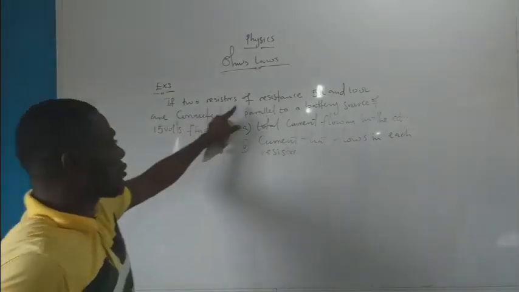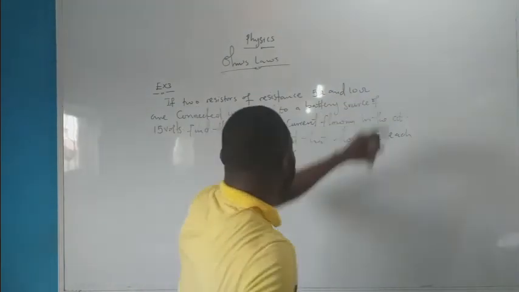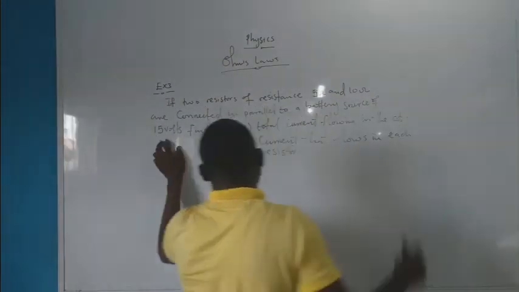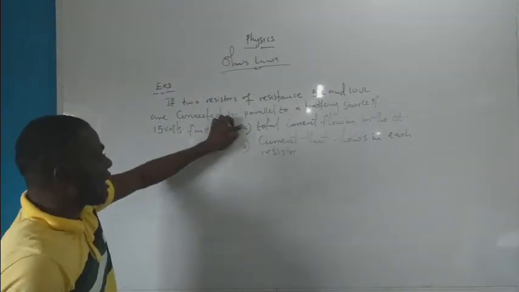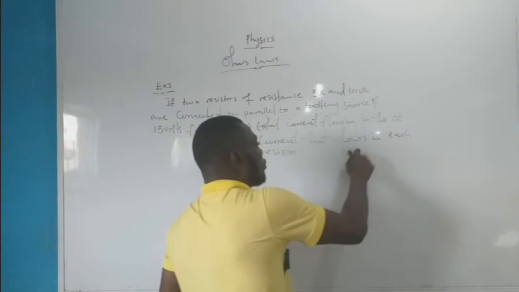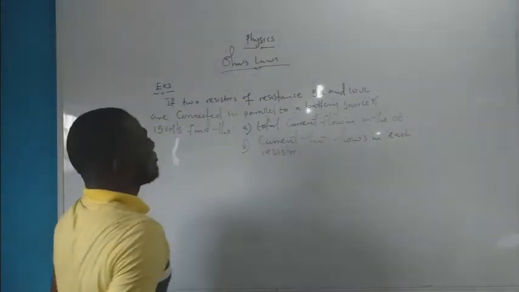If two resistors of resistance 5 ohms and 10 ohms are connected in parallel to a battery source of 15 volts, find A. Total current flowing in the circuit. B. Current that flows in each resistor.